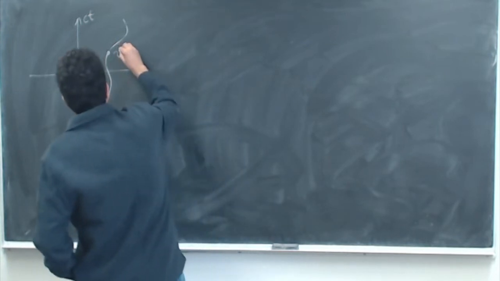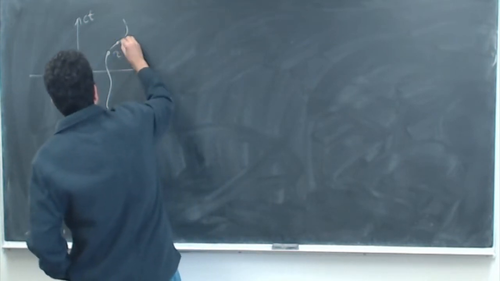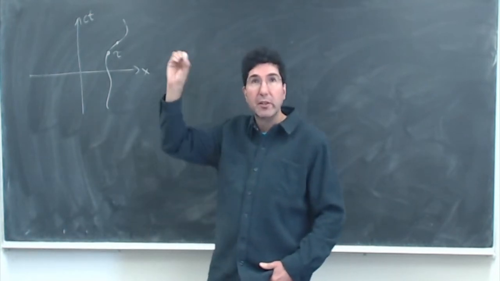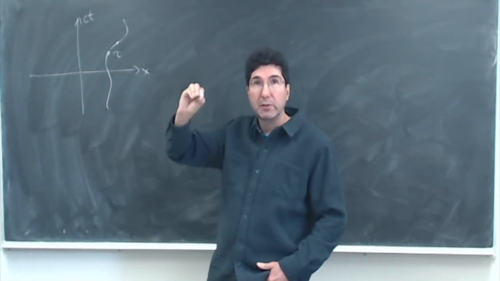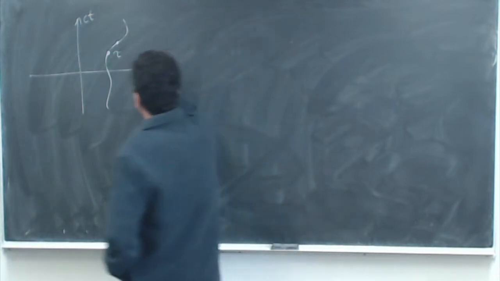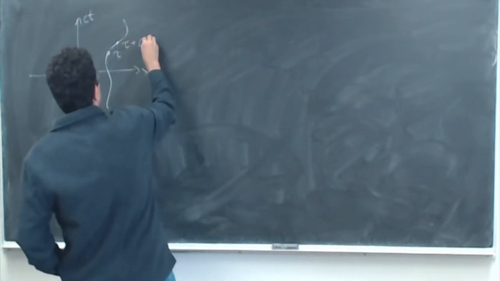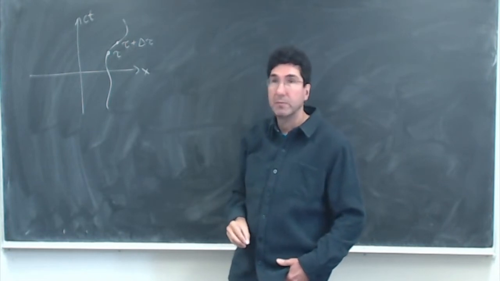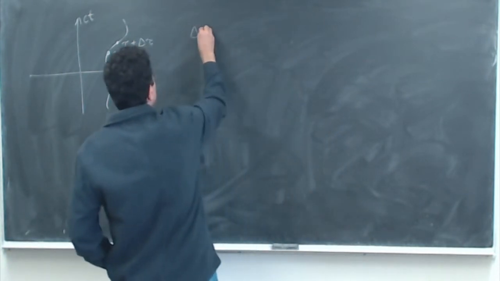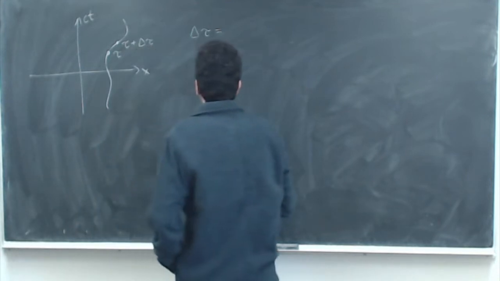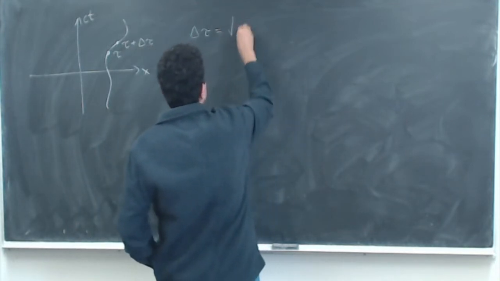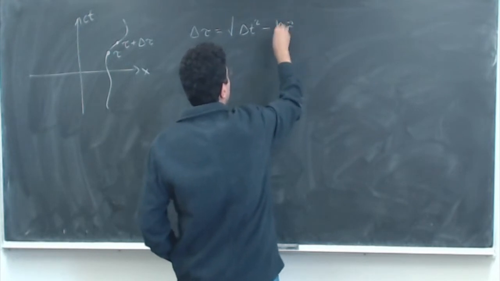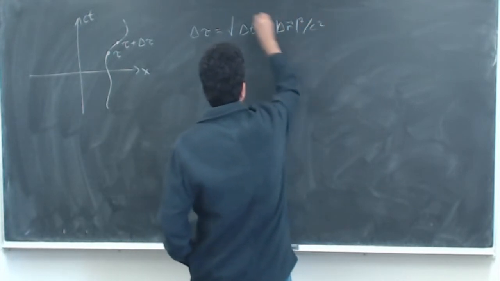So let's consider 2 nearby events on the world line. This represents the particle at 2 different instants of time, or 2 different proper times. So we have proper time tau and proper time tau plus delta tau. And what is delta tau? Delta tau is equal to the square root of delta t squared minus delta r, the position vector squared, over c squared.